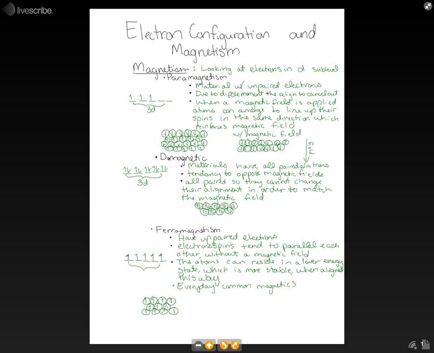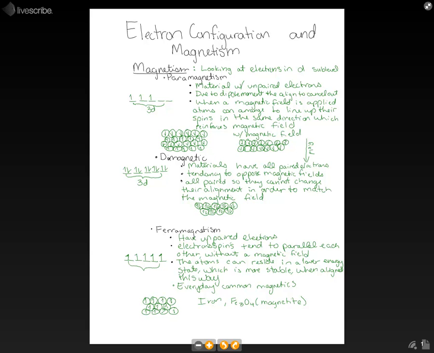So real quick, we're going to go over some examples of ferromagnets. And iron is a big one. There's Fe3O4, which is called magnetite. Very creatively.